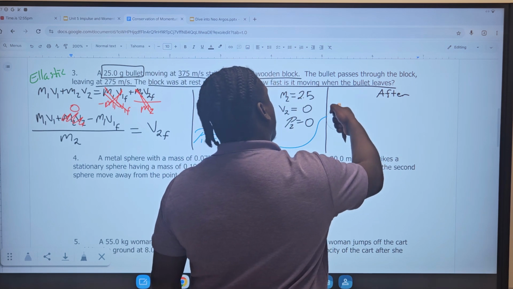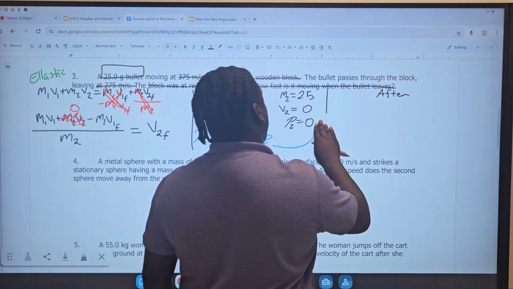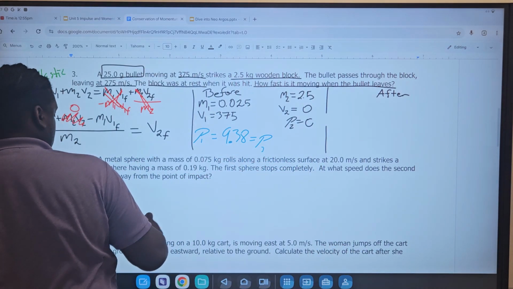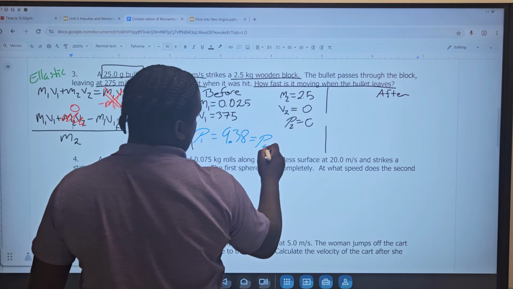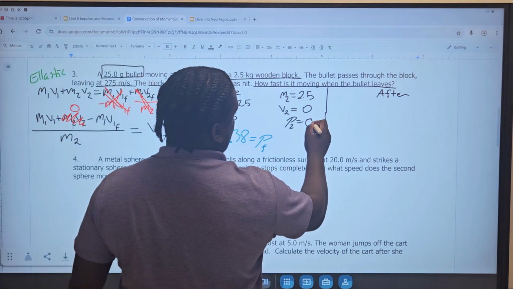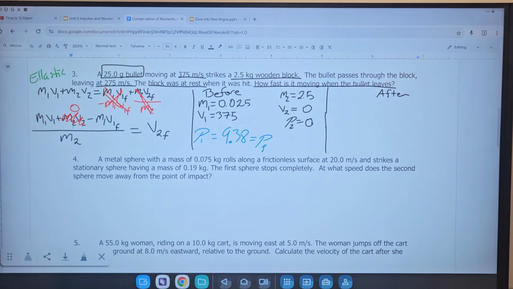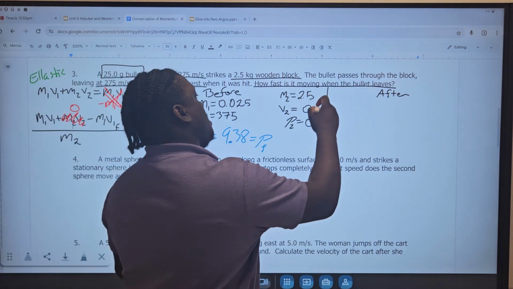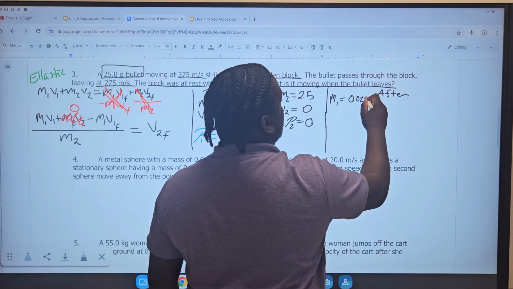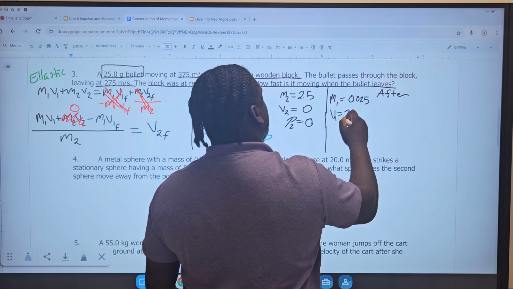Well, before I do that, there's a little bit of work we have to do. Because unfortunately, it's not as simple as just sending it over. We have to figure out how much momentum is left over after the bullet passes through. So M1 is still going to be 0.025, but its velocity has decreased to 275.